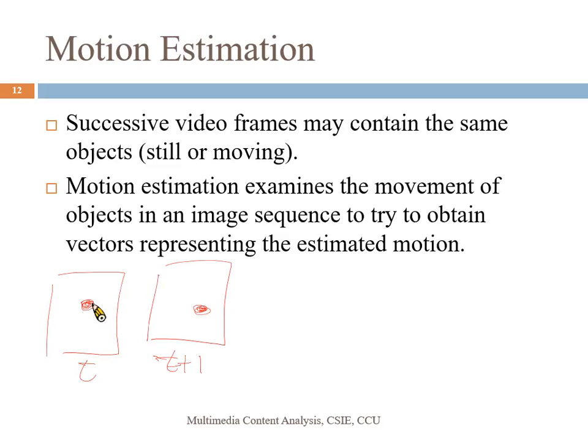So the only difference between these 2 frames would be the portion this object covered. If we can accurately estimate how this object moves, we can just store the motion vector, and all the other background information can stay the same, so that we don't have to store it again.